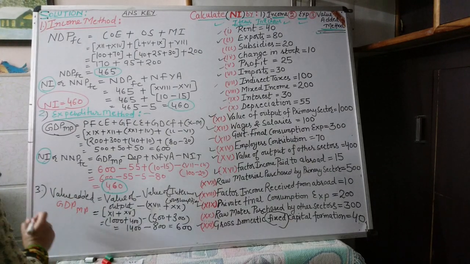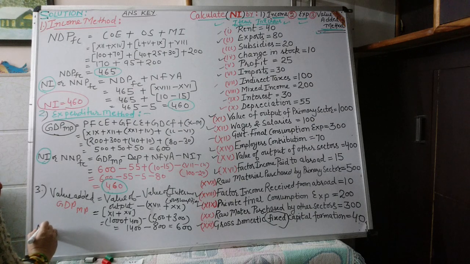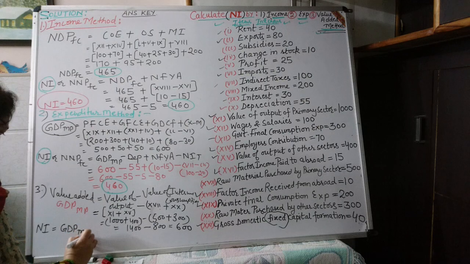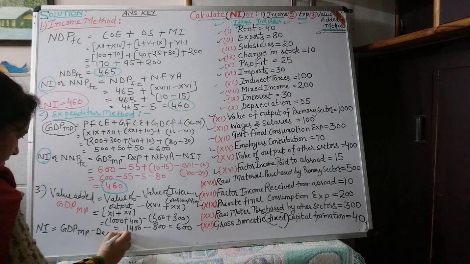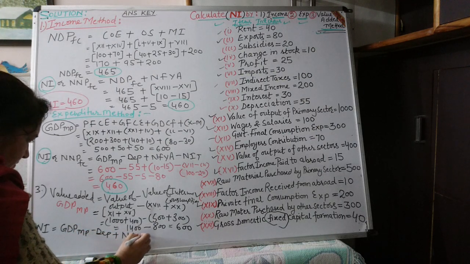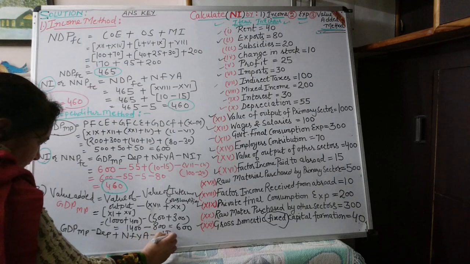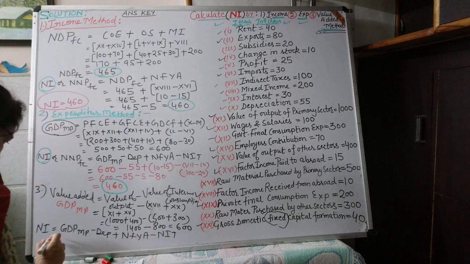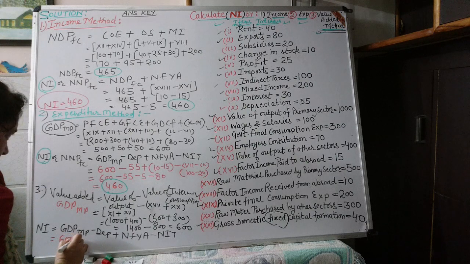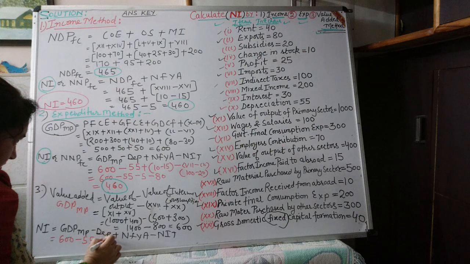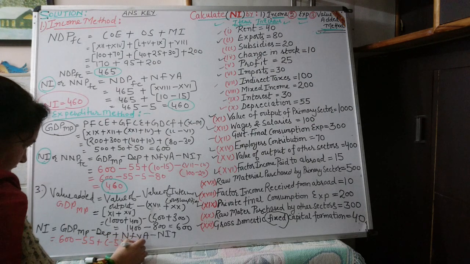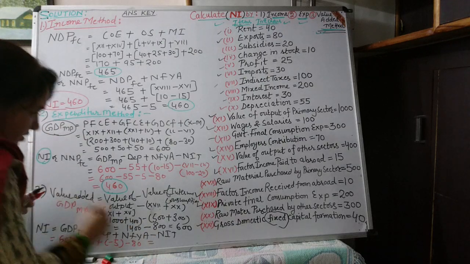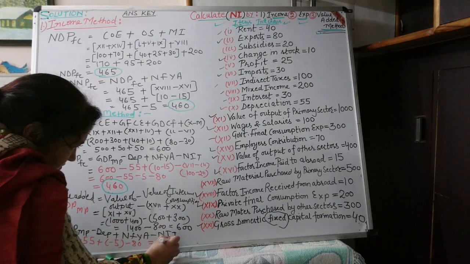Now let us calculate national income. National income is equal to GDP at MP minus depreciation plus NFIA minus net indirect taxes, is equal to 600 minus 55 plus minus 5 minus 80, is equal to again 460.